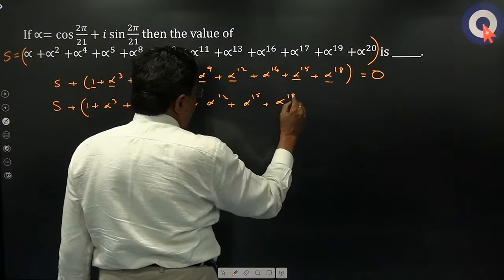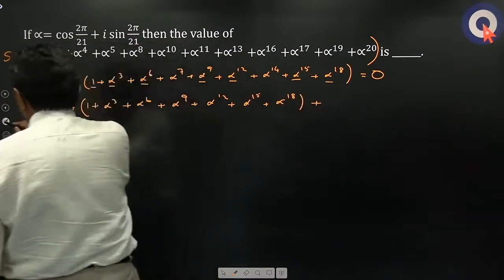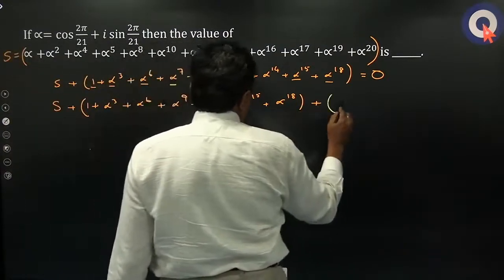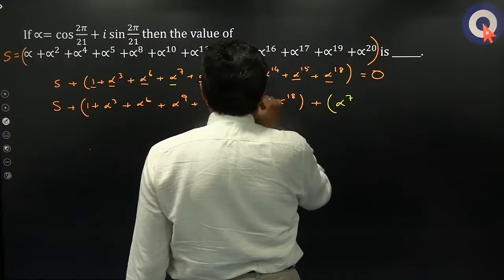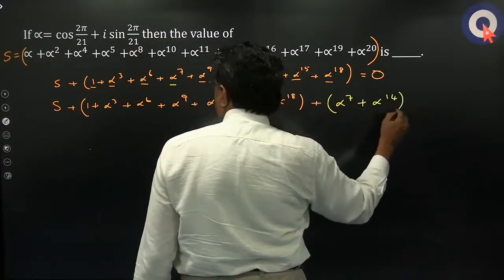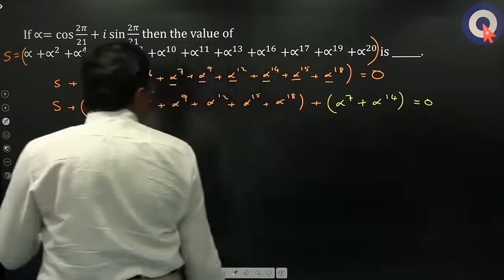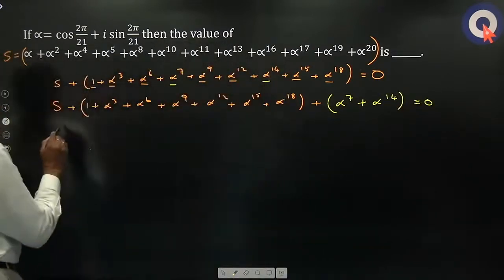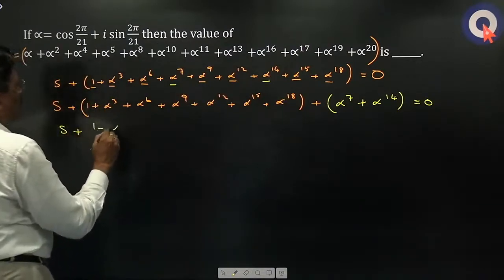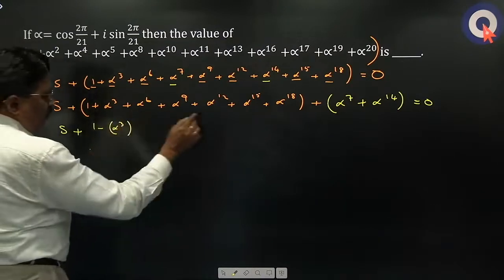This much I will take in one bracket, and these terms, alpha power 7 and alpha power 14, we shall put separately. So this is equal to 0 anyway because it is the sum of all the roots. We need S. So S plus, now this summation is 1 minus alpha cube to the power, see, the number of terms is 8.